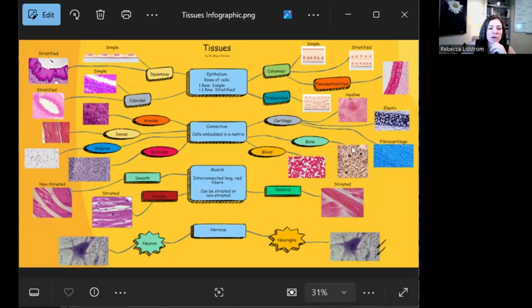We find what we call haversian canals, and the bone sort of looks like a cross section of the concentric rings of a tree. The way that these cells are made and laid down makes it a very strong supportive tissue. And obviously our bones need to be strong, so their layout is conducive to that.